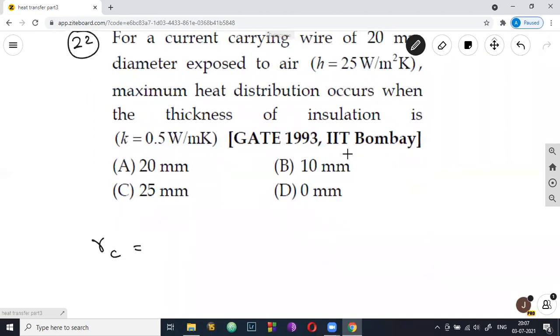The formula of RC for a cylinder is K insulator divided by heat transfer coefficient of the outer fluid. That HO stands for outer fluid. This is for a cylinder. Got the idea here? Our wire is a cylindrical body, so you can use this formula.